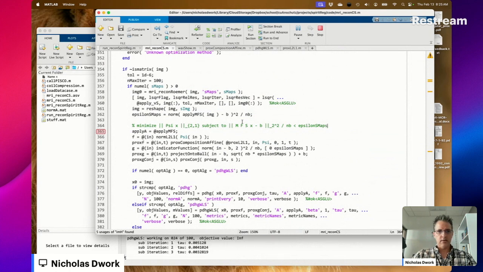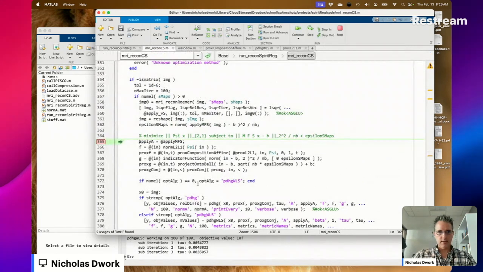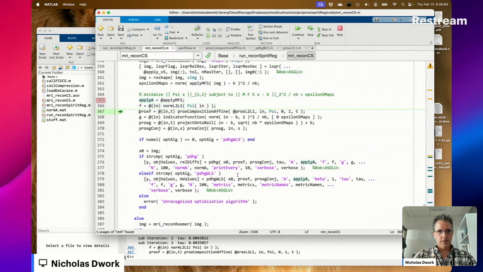Let's find out. If it's anywhere close to 1 times 10 to the negative 6, we'll call it a day. I'd really like to implement some dynamic stopping criteria, but it's just a lot to do.